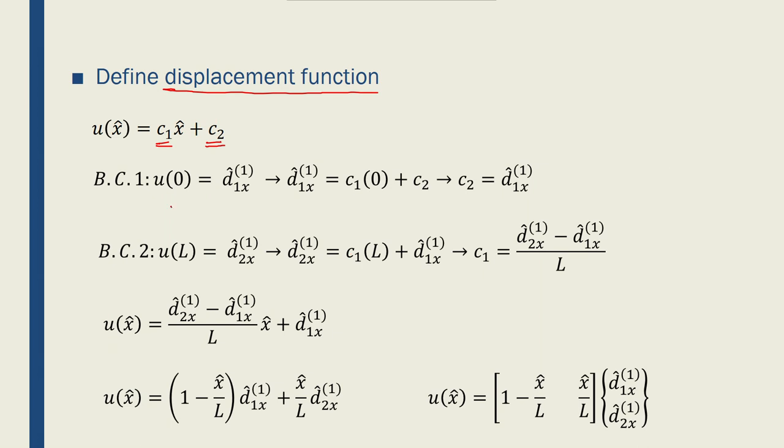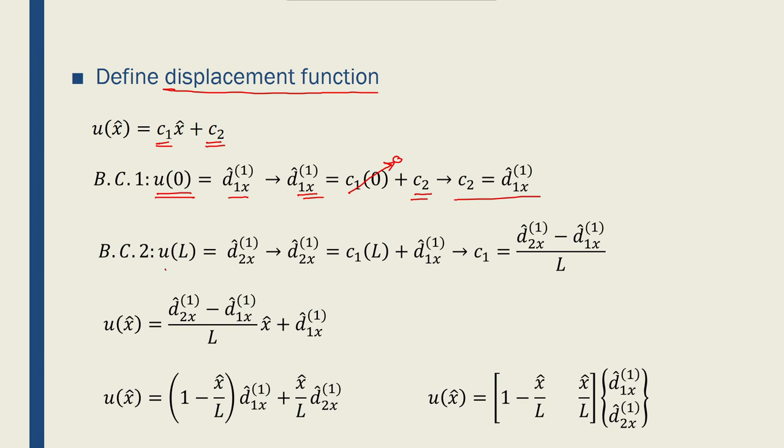So we can say that u at x equals 0 is equal to d1x, which is the displacement at node 1. And if we put 0 instead of x in this equation, we'll have c1 times 0, which would make this term go to 0. So d1x is equal to c2, as we've shown in here.